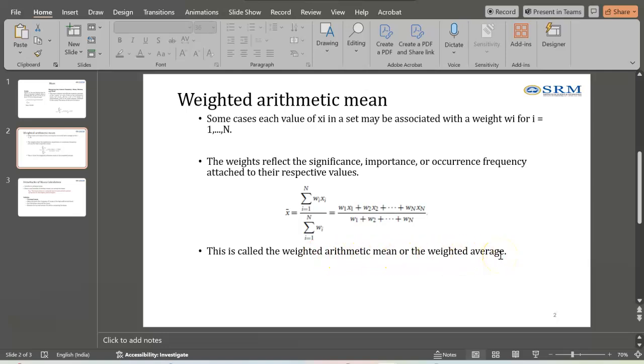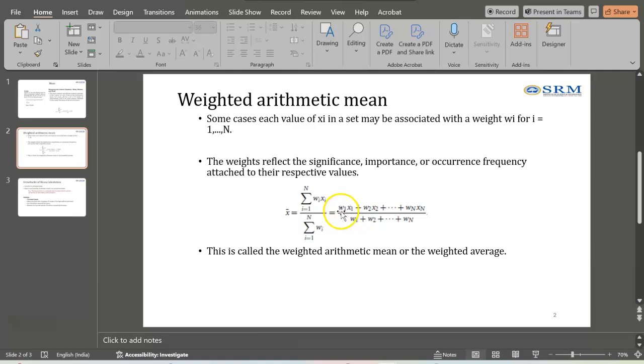How do you calculate it? You take the summation of i equal to 1 to n of wi multiplied by xi, divided by the summation, or the total, of the weights.